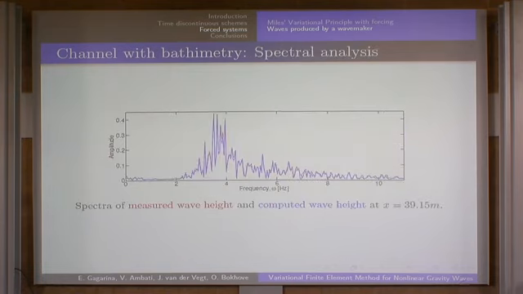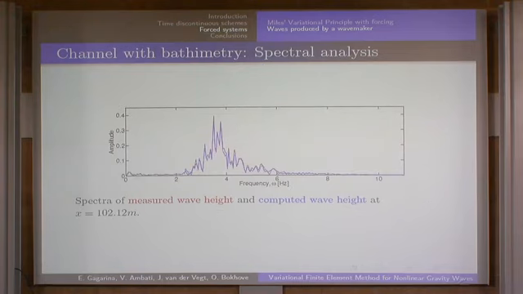Performing a spectral analysis, taking the laboratory data, performing a spectral analysis for it, taking the computed data in one of the chosen probes, performing spectral analysis. We overlay them together, and we see that we reproduce the spectra quite well. It's somewhere in the first part of the domain, and it is somewhere in the middle of the domain.